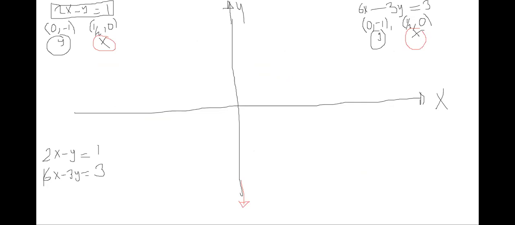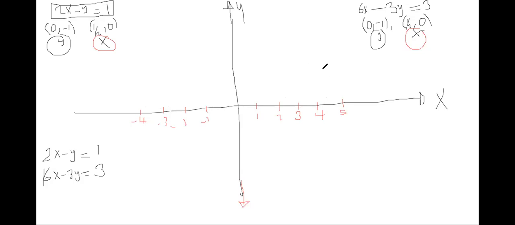So here we'll go on and have our units: 1, 2, 3, 4, and 5. It goes on. Here we will have -1, -2, -3. I'm sorry, drawing a graph with a mouse on a computer is horrible.